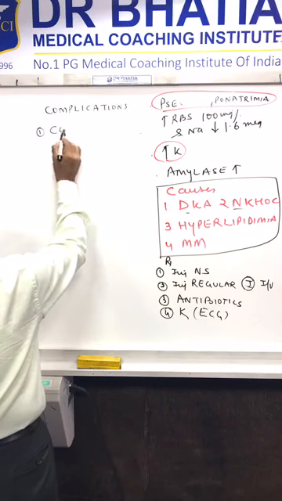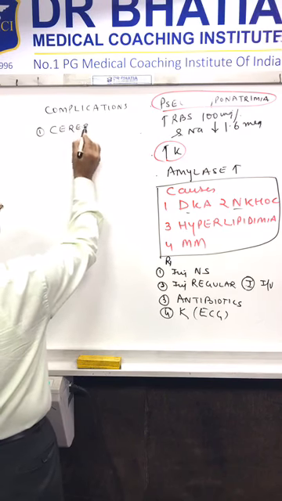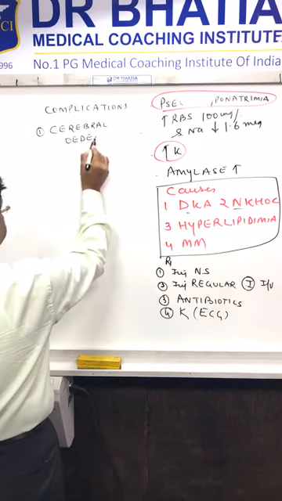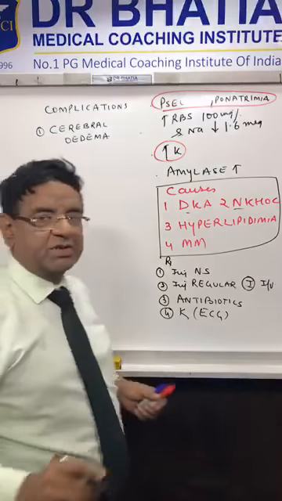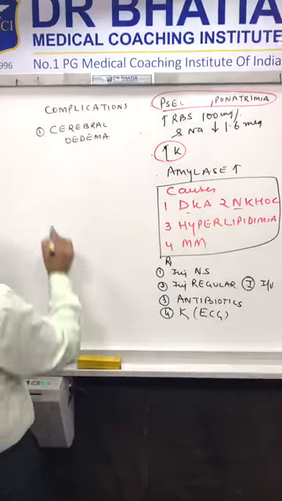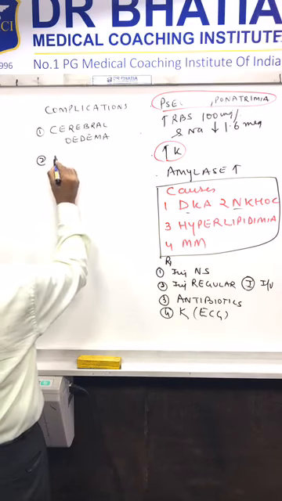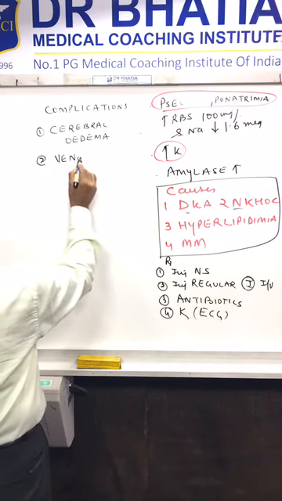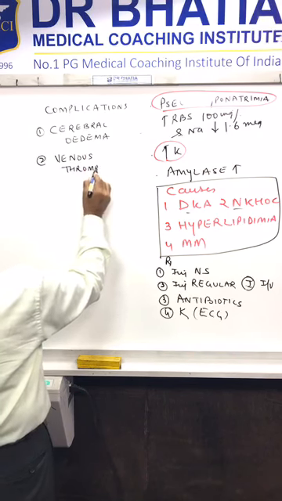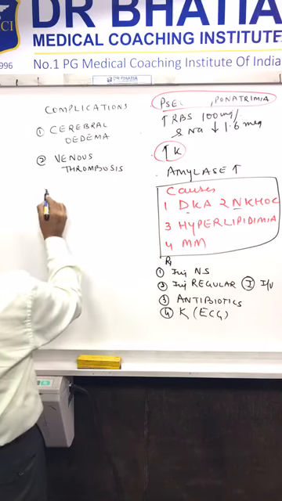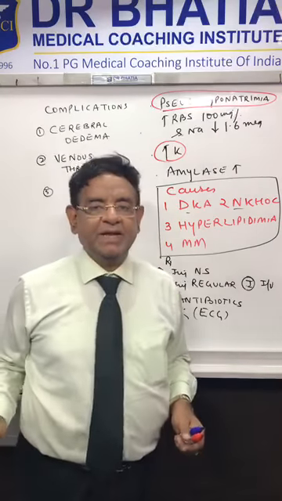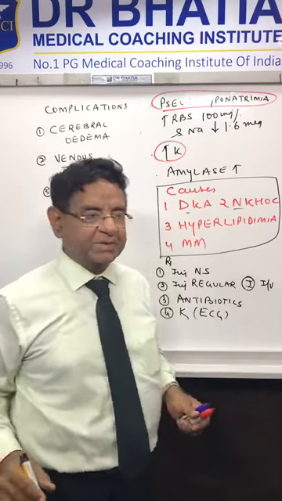Cerebral edema is the most dangerous complication. It is common in children. Then other complications are venous thrombosis, which is more common in elderly persons. MI, the patient can even develop MI, again more likely to happen in elderly persons.